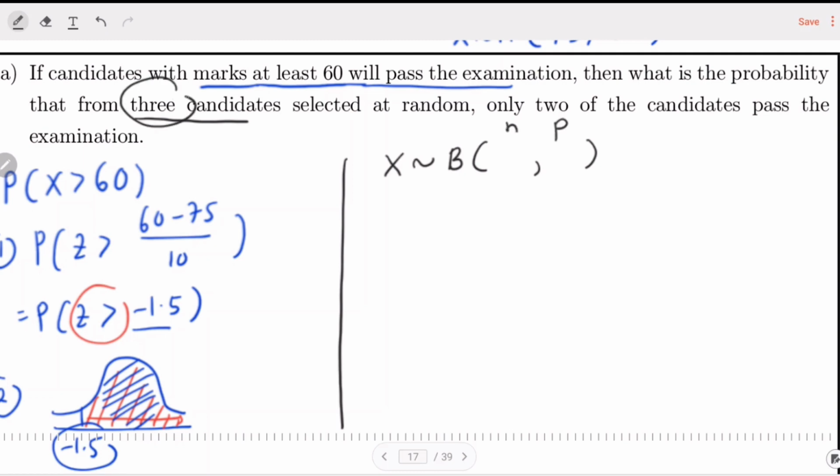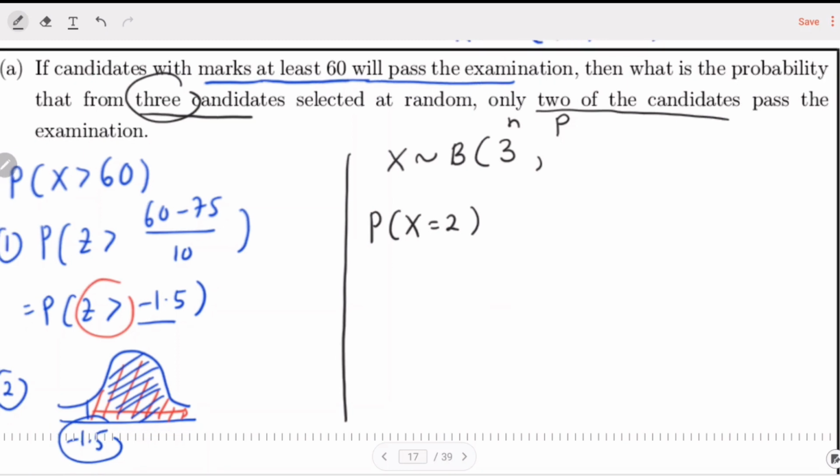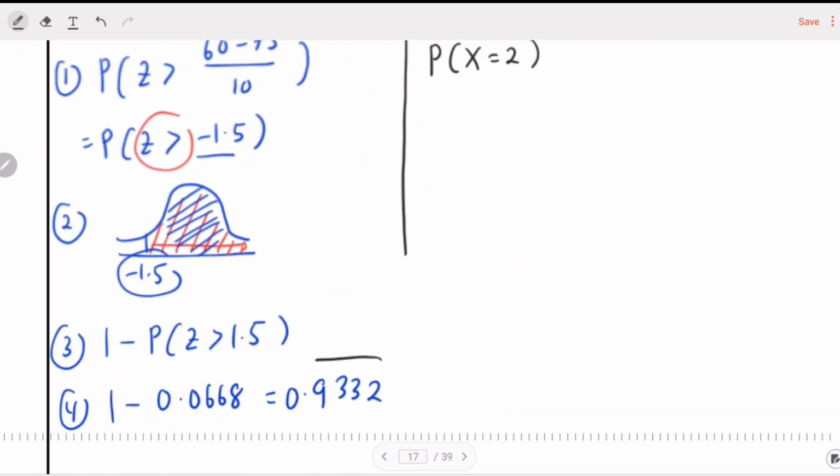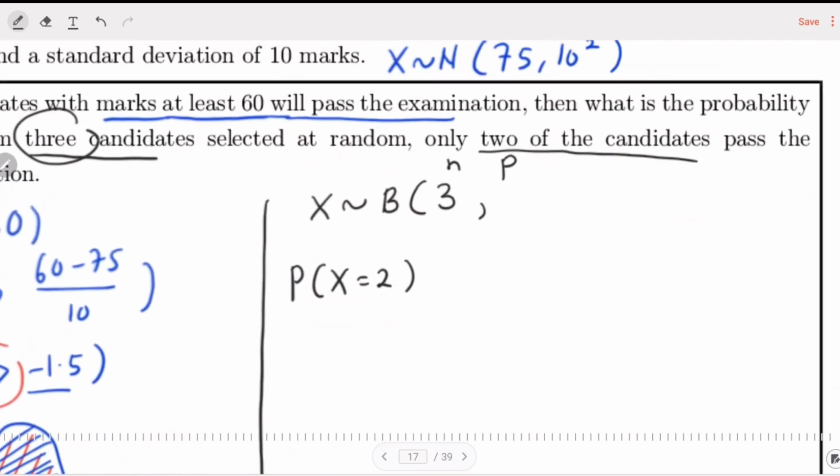So n is 3, the total of 3 candidates. And then we would like to find the probability that only 2 of the candidates pass. So we'd like to find the probability that X equals 2. The probability for the candidates to pass the examination is 0.9332.